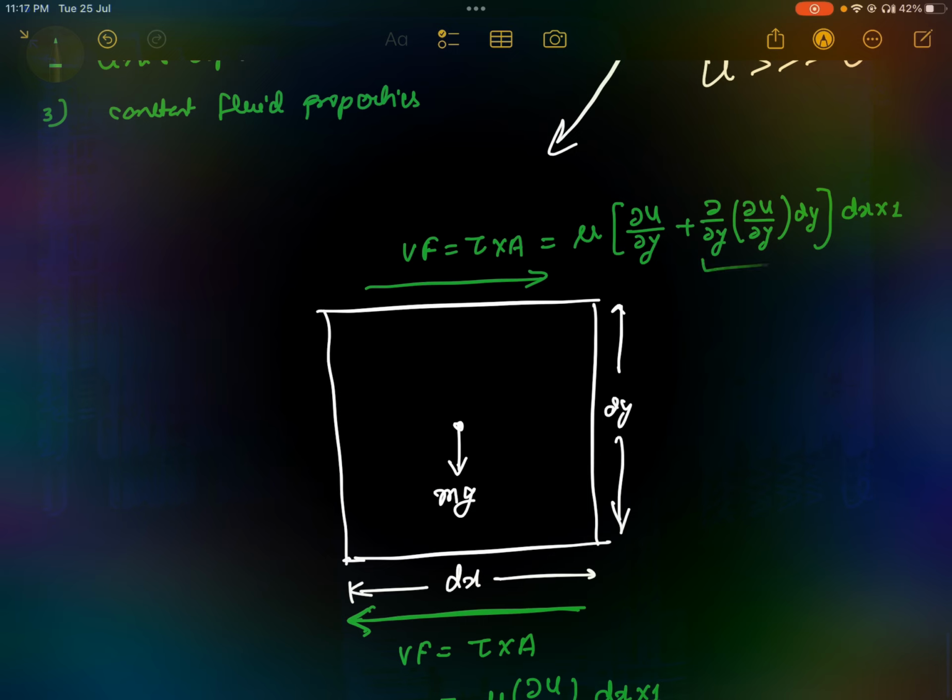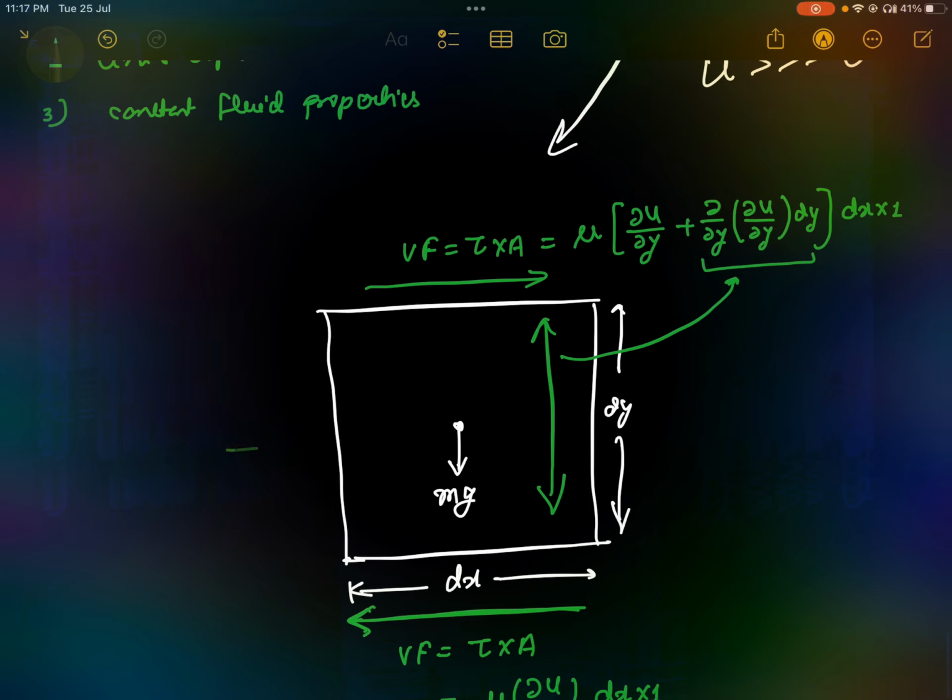So how are we getting this term? This extra term we are getting because of the elemental depth, from the Taylor principle.